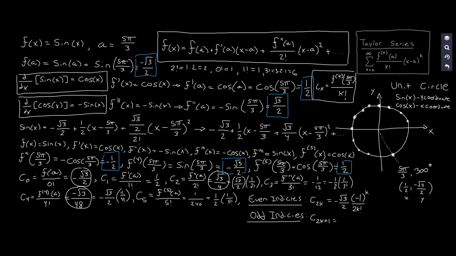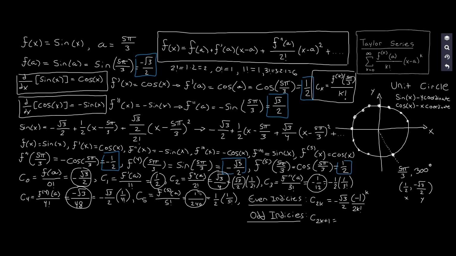So our odd indices go from c sub 1, which is 1/2, to c sub 3, which is negative 1/12, to c sub 5. It's going to be 1 over 240, or 1 over 2 times 1 over 5 factorial.